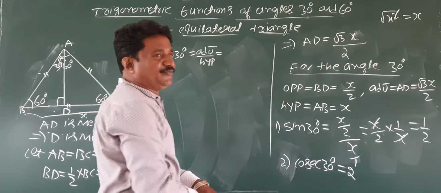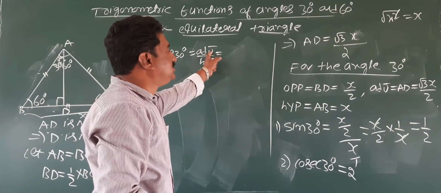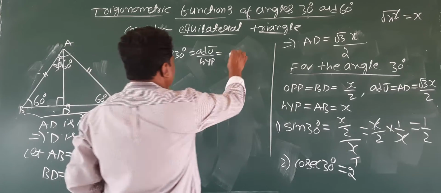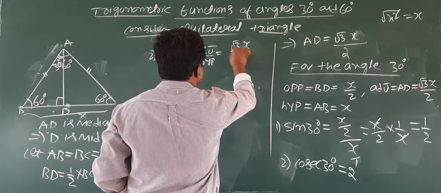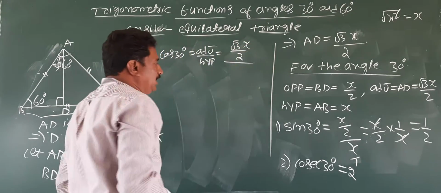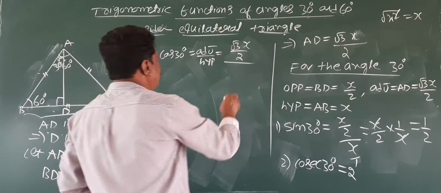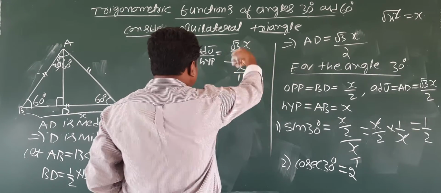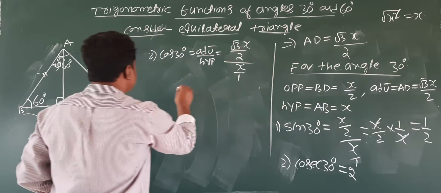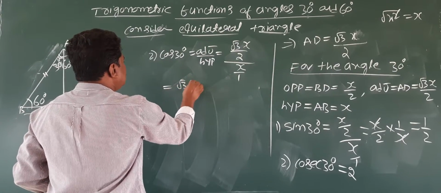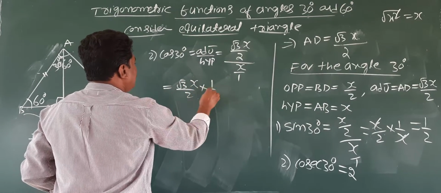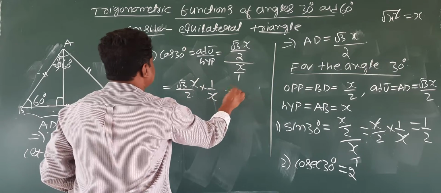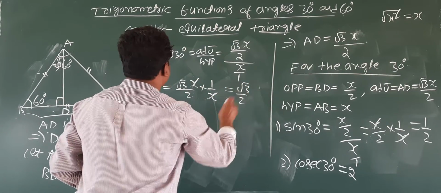Tell me the length of the adjacent side: root 3x by 2. So root 3x by 2 by the hypotenuse side. The measure of the hypotenuse side is x. We simplify that. It is root 3x by 2 times 1 by x, the x cancels. So it is root 3 by 2.